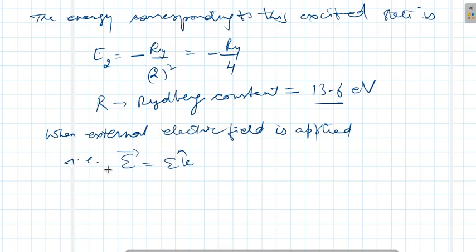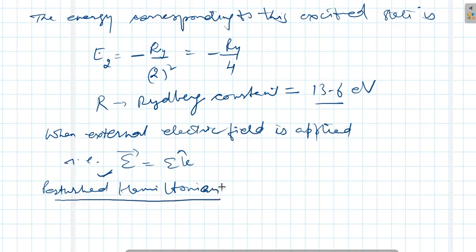Now the perturbed Hamiltonian corresponding to this applied electric field can be written as e epsilon z cap, right?